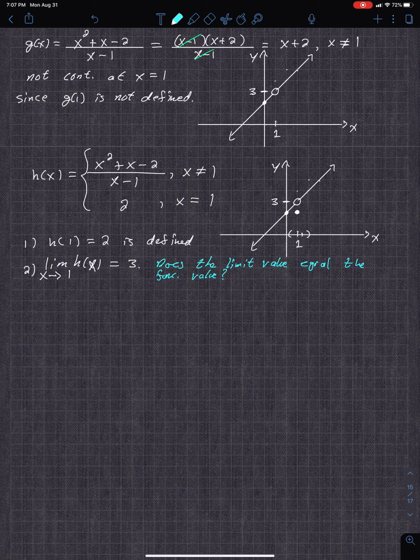That's what you really are asking, assuming both exist. If one of them doesn't exist, you're done. But if the limit value and the function value exist, are they equal? That's your question. And of course, this is a no.